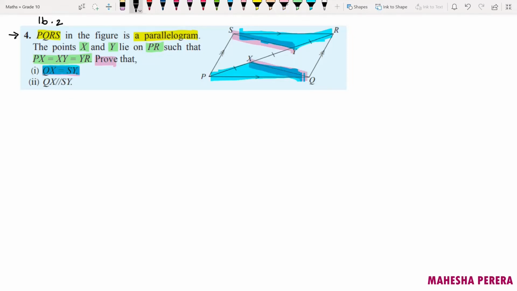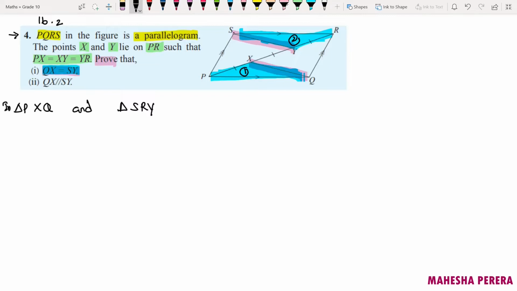So let's write. Let's take this triangle first and this triangle next. So we can say in triangle PXQ and triangle, what? The other triangle, second triangle, let's call it SRY. Right?